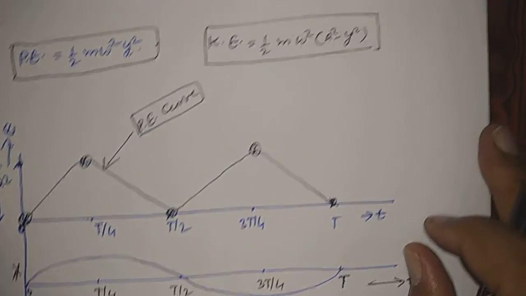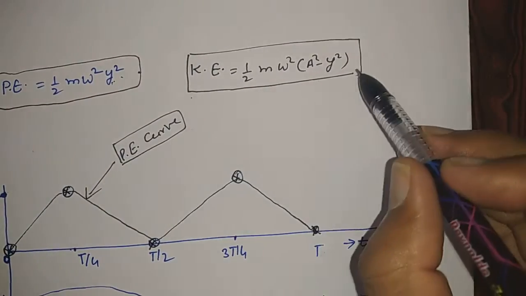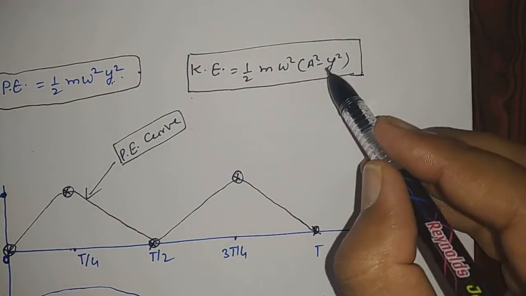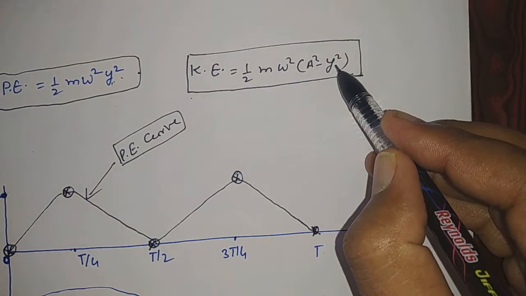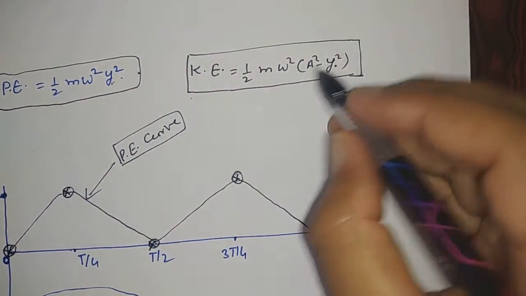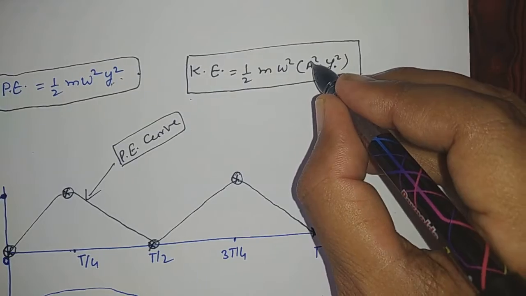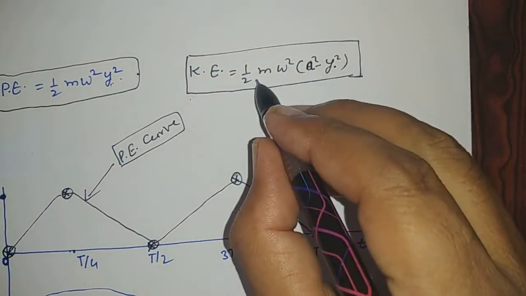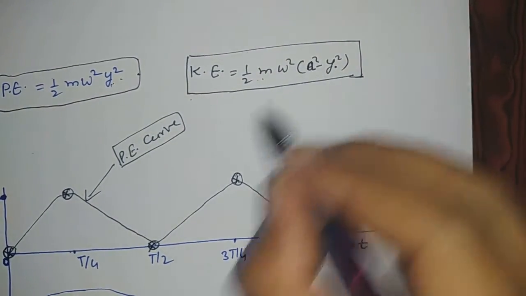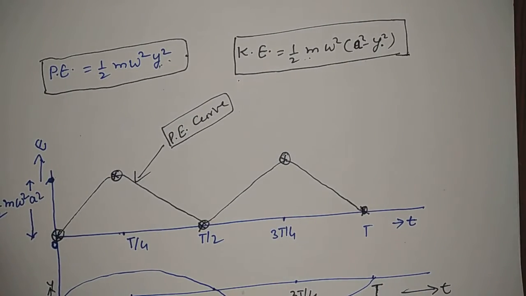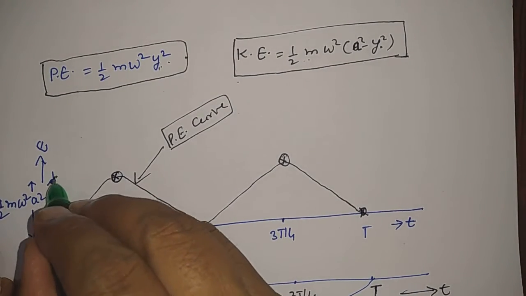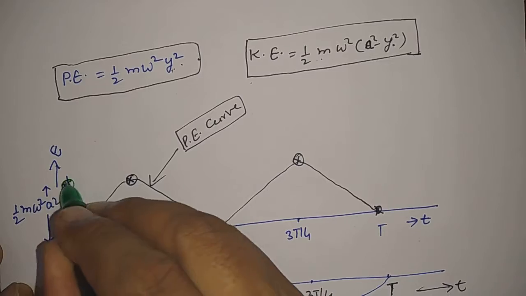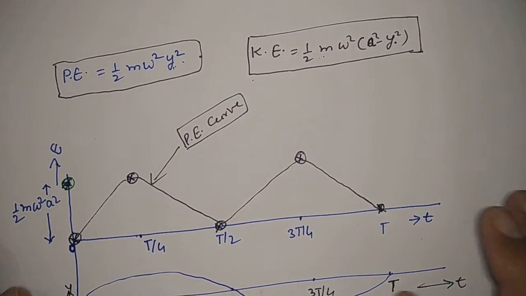Now see the kinetic energy curve. At the mean position y is 0. When y is 0, the amplitude term a square minus y square becomes a square, so kinetic energy becomes half m omega square a square. This is at t equal to 0.